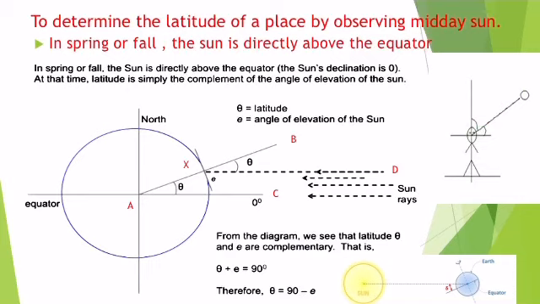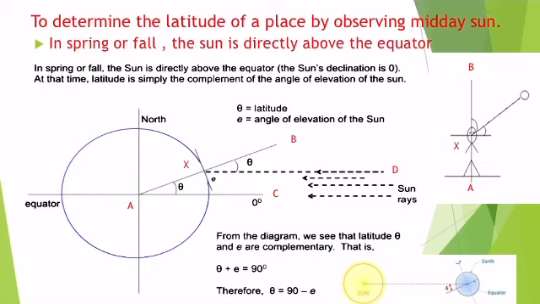This is how we can find the angle of elevation, and when we get the angle of elevation, simply substitute it in that formula and you will get the latitude of a place. You know how this person stands? See, B and A. Try to imagine that the person is standing in the main picture, where the head is pointing towards B and the legs are pointing towards A, in the main picture where the earth is.